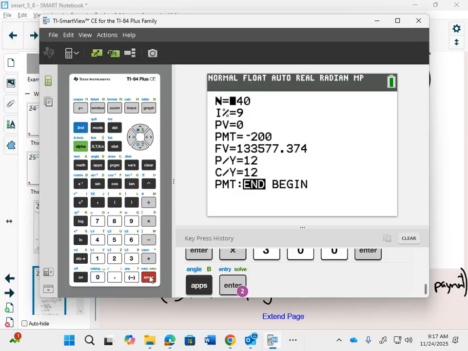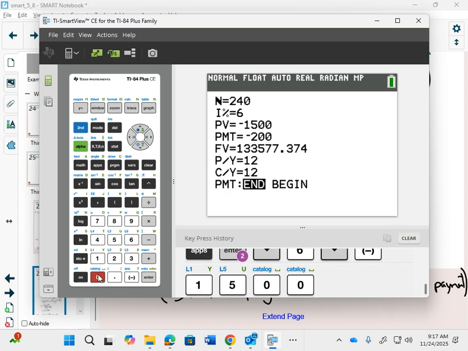So, what did we have? We had an interest rate of 6%. The present value in this case is negative 15,000 because in a loan, they have given you the car. It is as if they gave you $15,000. Anytime you get money, this is going to be positive.